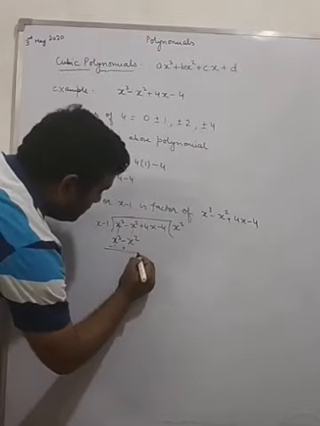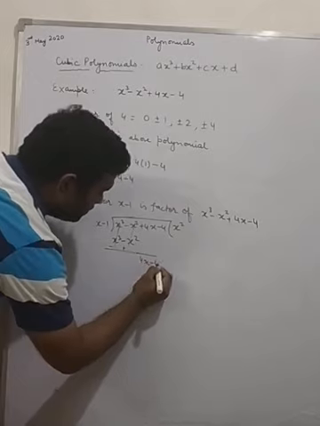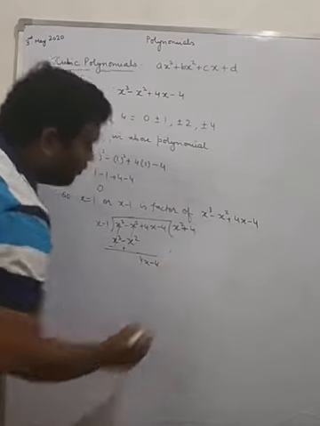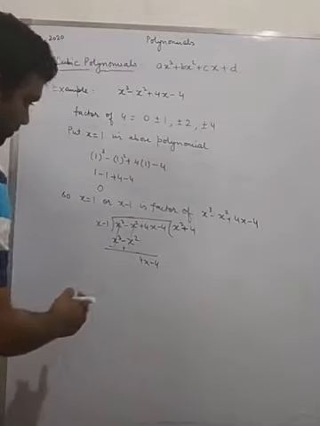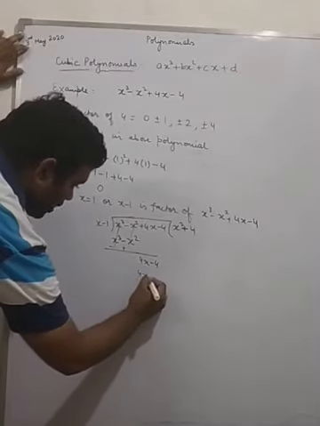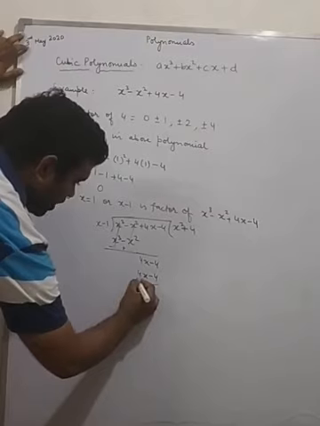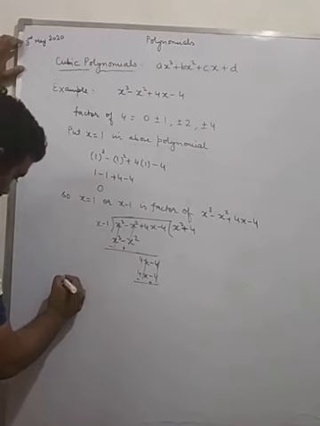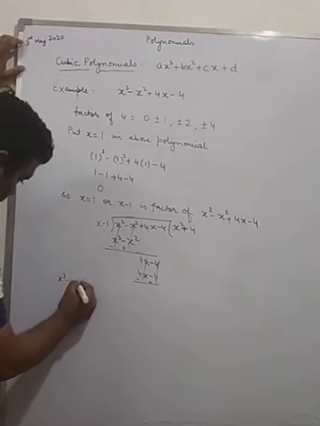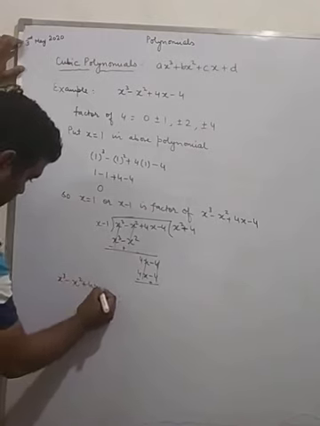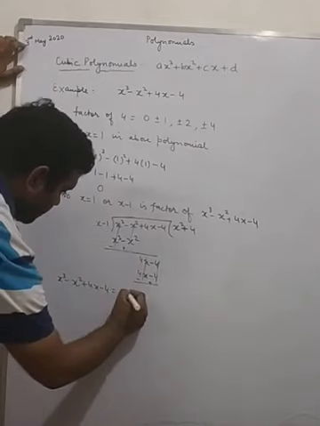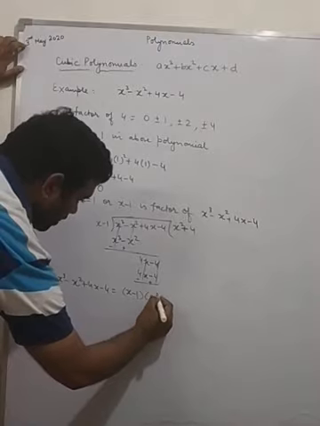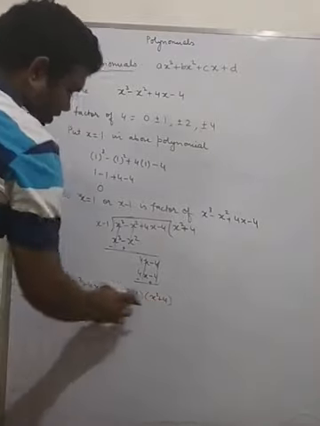Now what is left here? 4x minus 4. So we simply write plus 4. This will give me 4x minus 4, and this minus and this plus cancel each other. So x cube minus x square plus 4x minus 4 is simply x minus 1 and x square plus 4. So this is the factorization.